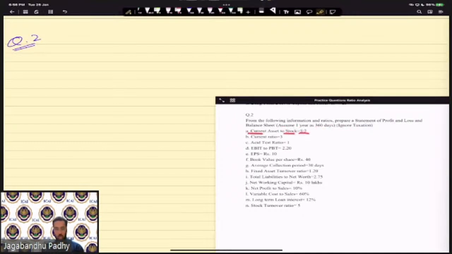Current asset to stock ratio is 3:2. Current ratio is 3. Acid test ratio is 1. EBIT to PBT is 2.2. Earnings per share is given to be 10.